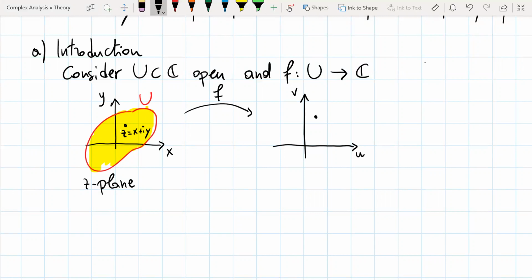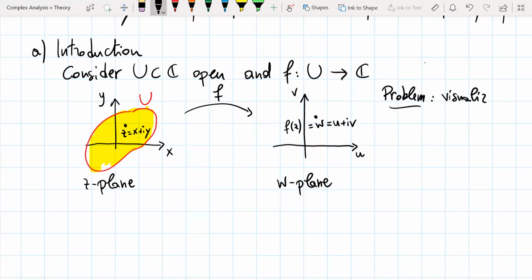So the points here will be denoted by w, and these have representation u plus i v, so this will be called the w plane. So what is the problem we want to consider? It is how to visualize this transformation. f associates to z a w, so we can think of this w as f of z. And we want to understand how to visualize this transformation.